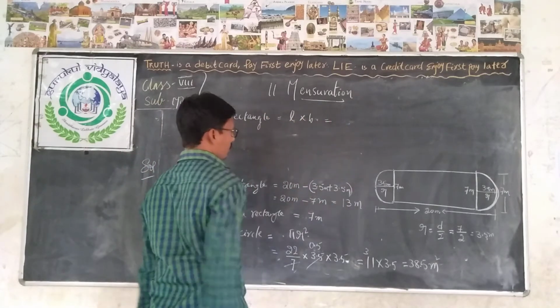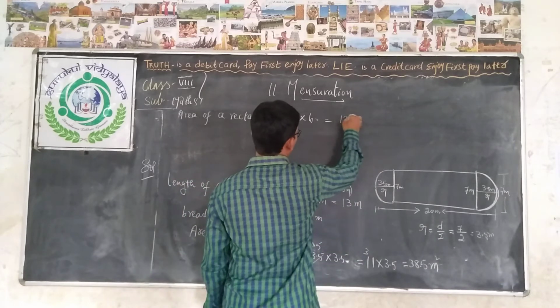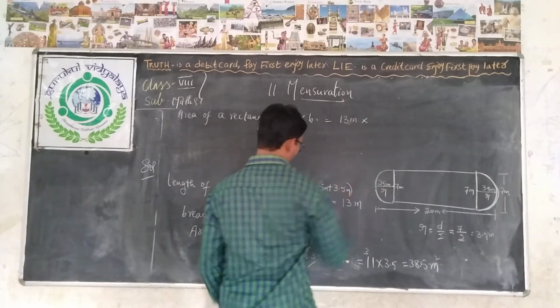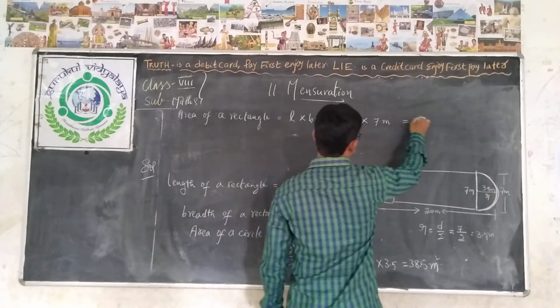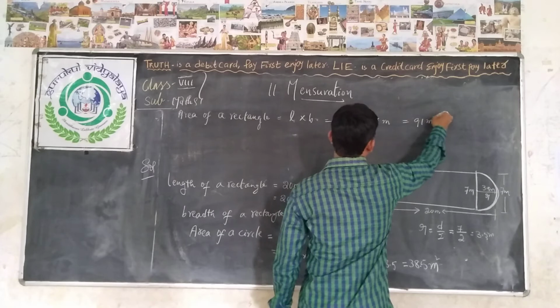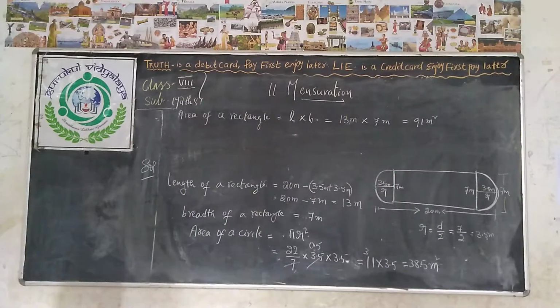Length is 13 meters, breadth is 7 meters. 7 13s are 91 square meters.